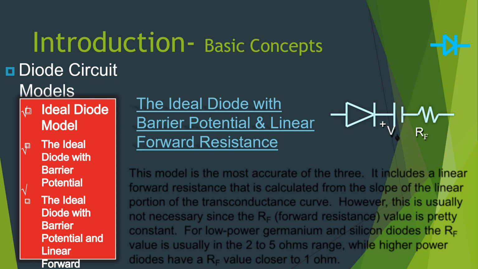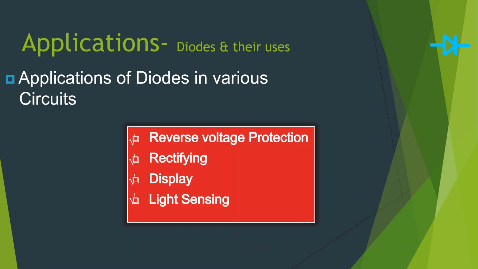However, this is usually not necessary since the RF, or forward resistance value, is pretty constant for low power germanium and silicon diodes. The forward resistance value is usually in the 2 to 5 ohms range, while higher power diodes have a forward resistance value closer to 1 ohm. Now moving to the next slide.